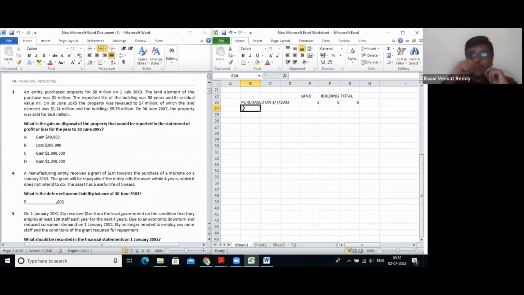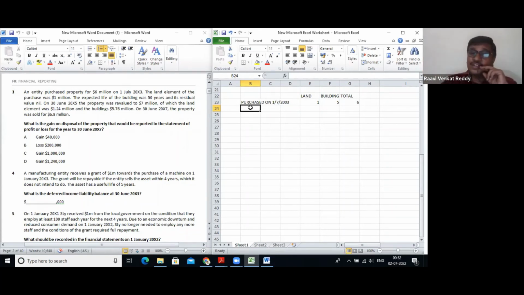Whenever you revalue an asset, first you need to know its carrying value on that particular date. So we need the carrying value on 30th June 2005, because the asset was revalued on that date. How to get the carrying value?